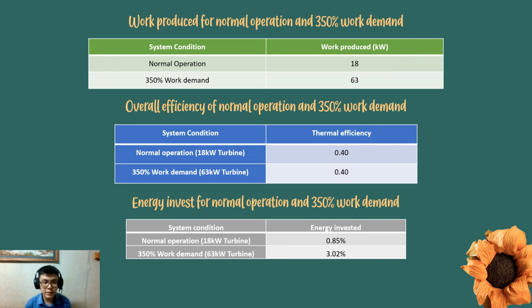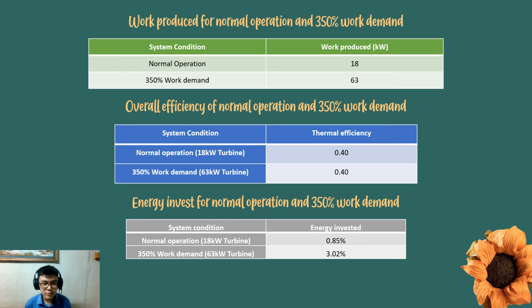Moving on to the thermal efficiency of power plant. The thermal efficiency of power plant of normal operation and 350% work demand was obtained in the table. For normal operation, the thermal efficiency is 0.4, which is the same as the 350% work demand.